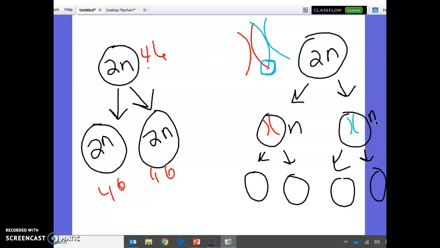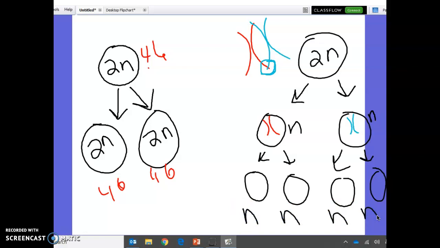Meiosis 2 is almost identical to the processes that occur in mitosis. We don't have homologous chromosomes pairing up. They line up by themselves at metaphase, and then each daughter cell ends up with a haploid number.